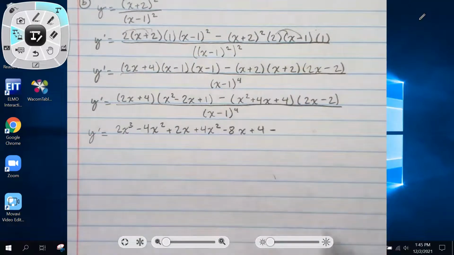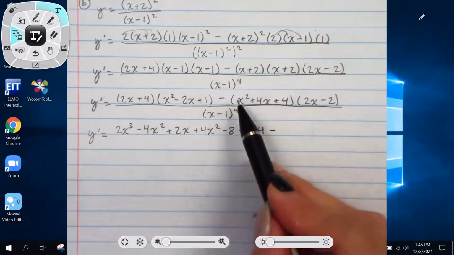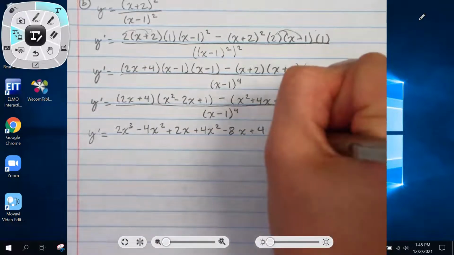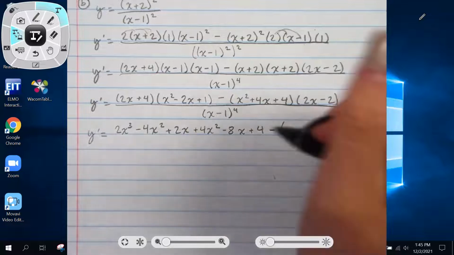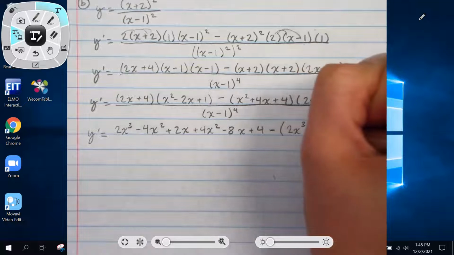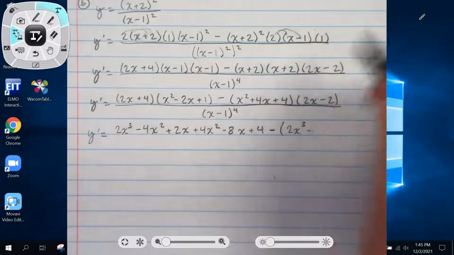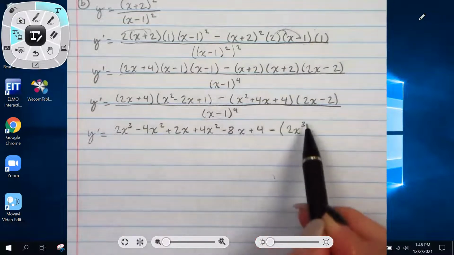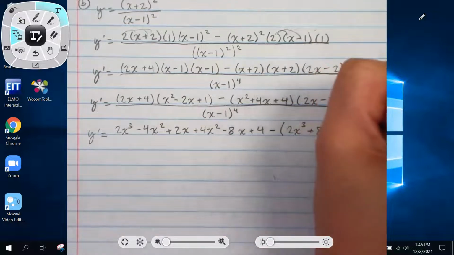Minus, we're going to do the same thing over here, but we need to recognize that we are subtracting all of this. So we're subtracting everything. So let's go ahead and use parentheses here. We get 2x cubed minus, okay, so I'm distributing the 2x right now. 2x times x squared is 2x cubed. 2x times 4x is 8x squared.